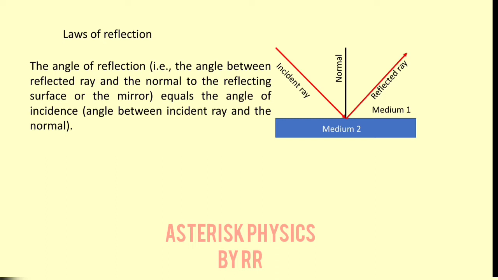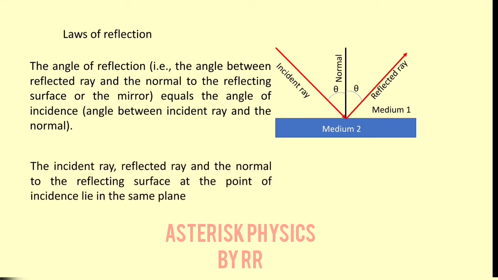The angle between the reflected ray and the normal to the reflecting surface, as indicated in the figure. The angle of reflection equals the angle of incidence. Now, what is the angle of incidence? The angle between the incident ray and the normal. That is, the angle of reflection equals the angle of incidence. This is the first law of reflection.